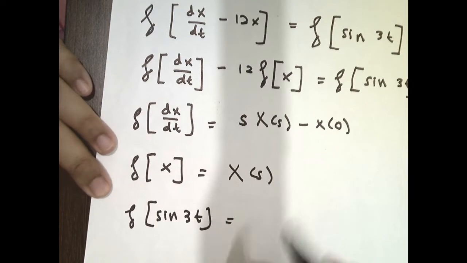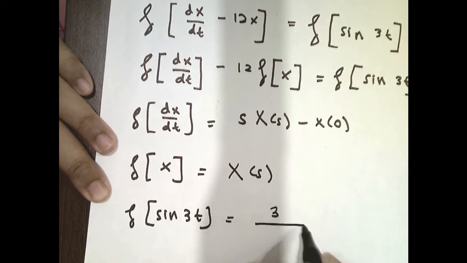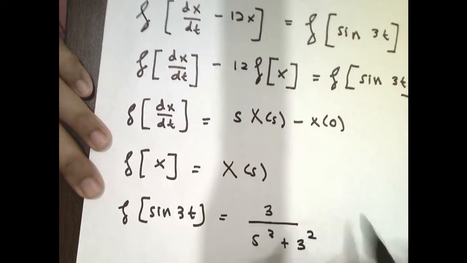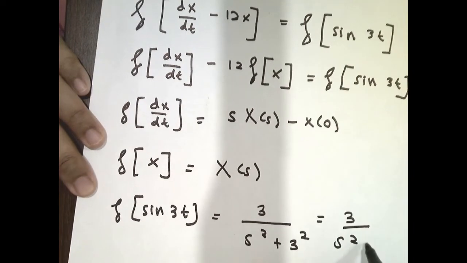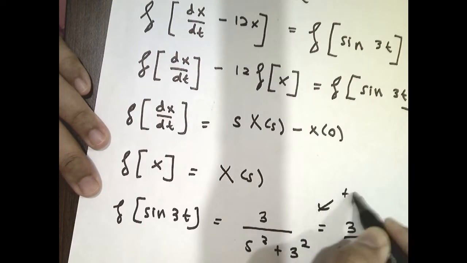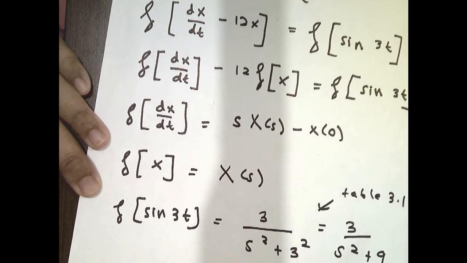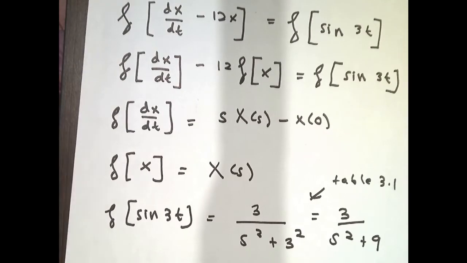equals to, if you see in table 3.1 you will know. Okay, so 3 over s squared plus 3 to the power of 2, so equals 3 over s squared plus 9. So this one you can refer to table 3.1, right?